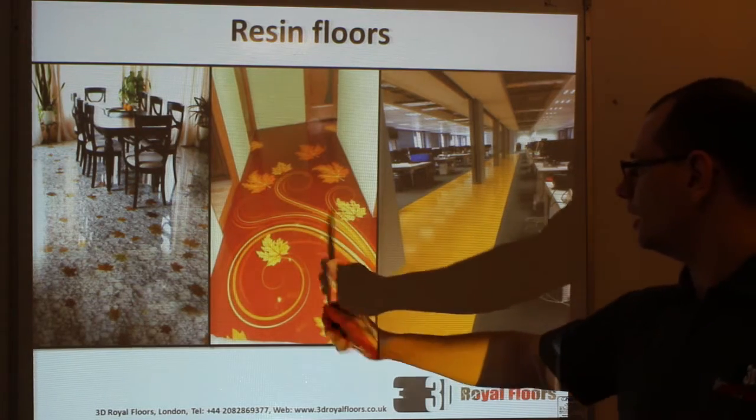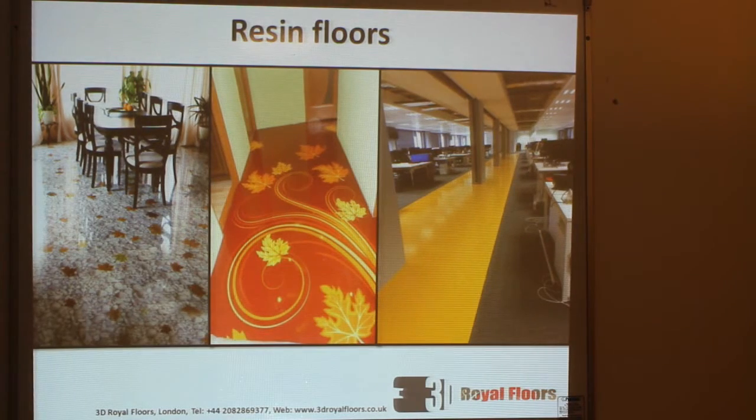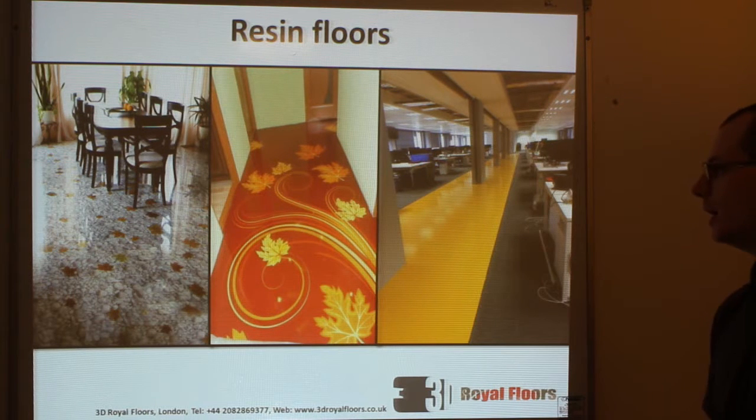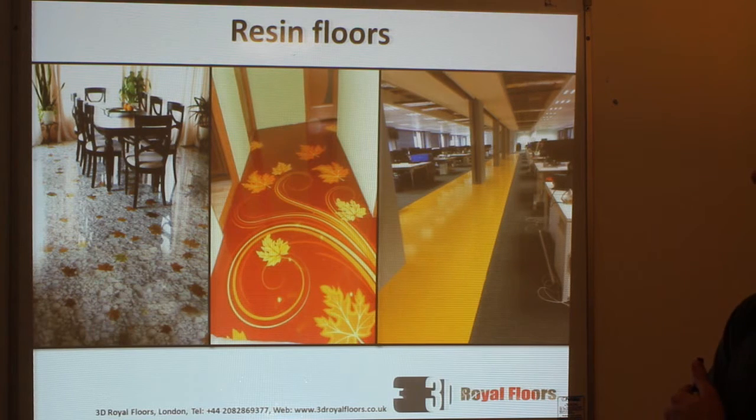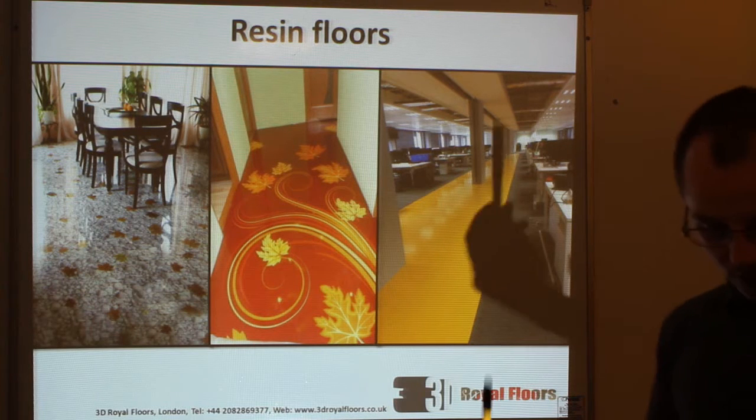In the middle of the screen we see a graphic applied in an apartment with a 3D effect. And on the left hand side we can see a kitchen, again in a residential area, with stones and leaves on the floor.